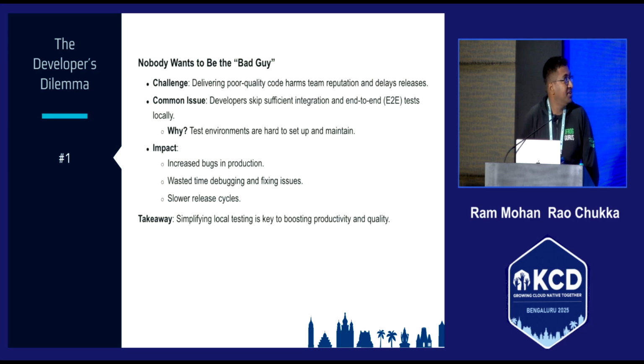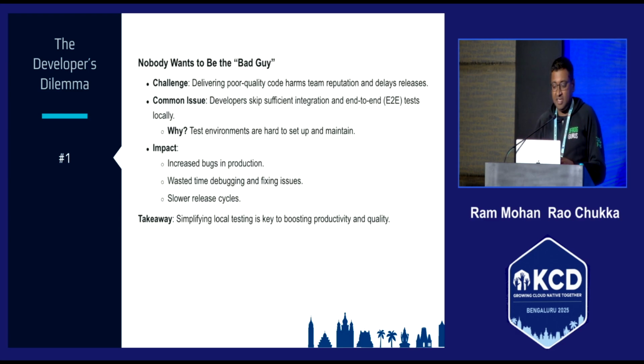So the challenge that most developers have is, how can I actually push the code that is production ready and see that the entire tests that I've run, local tests or unit tests or end-to-end tests, pass. But most developers face an issue where they can't run those integration or end-to-end tests locally.